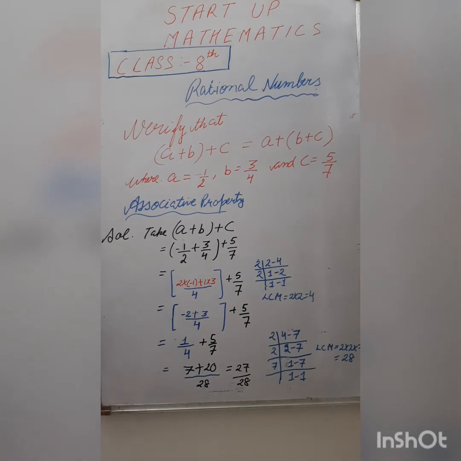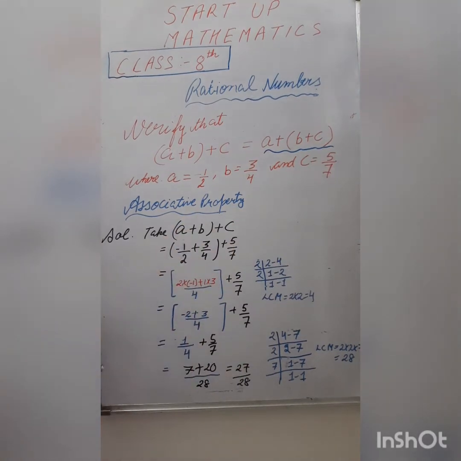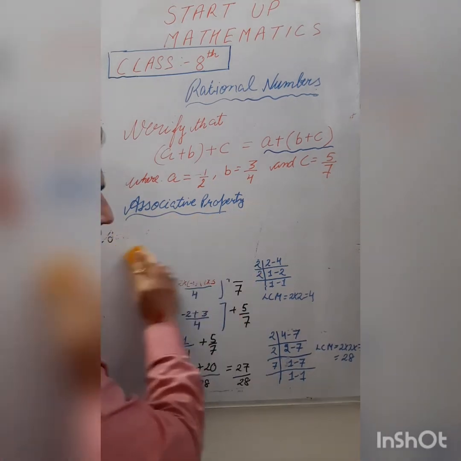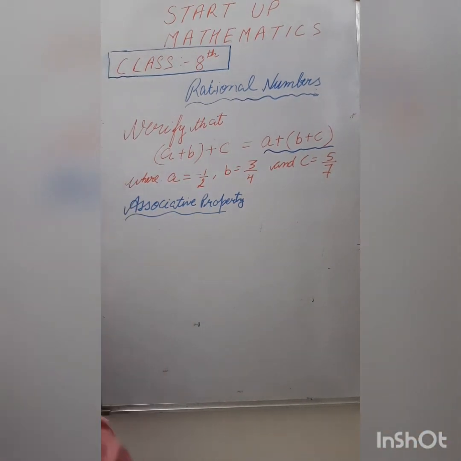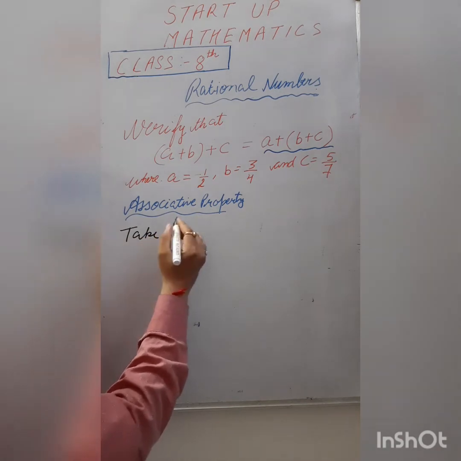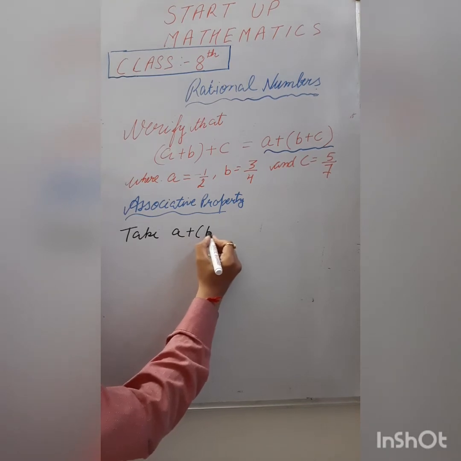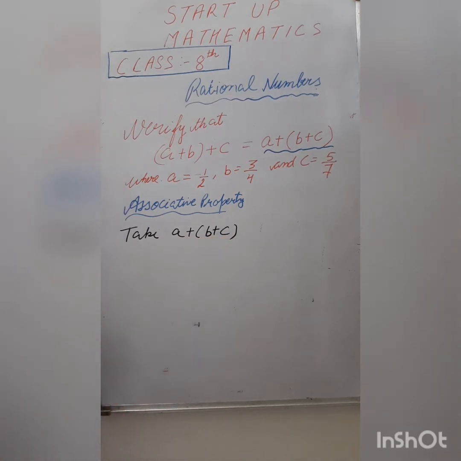Now let's take the other order and then verify whether the sum obtained in both the cases is same or not. Right. So take the other order, that is A plus B plus C. Now we are taking this order.